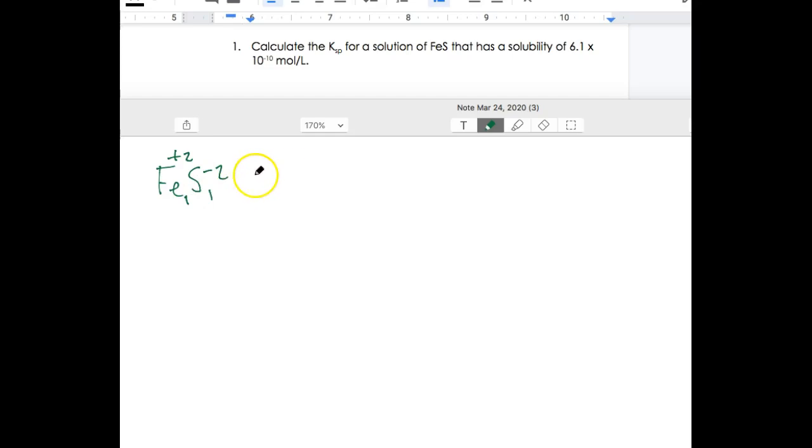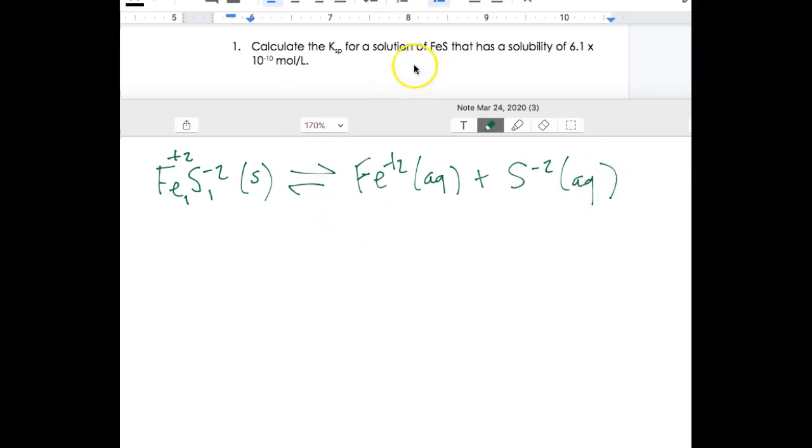We know it's a solid because we're dealing with a solubility product, and this is going to slightly dissolve. So I'm going to separate it into ions like that. And it says that this has a solubility of 6.1 times 10 to the -10 power.